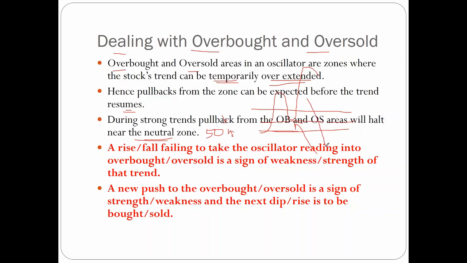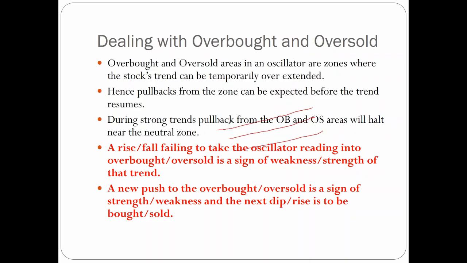Similarly, when the RSI is oversold, it moves up, comes back and halts at the neutral zone 50, and moves down again. And the trend resumes downward again. That means the trend is down, it is in the oversold area, gets a correction, RSI comes to the neutral area 50 and moves down again. So sometimes it comes to the 50 neutral zone from an oversold or overbought zone.